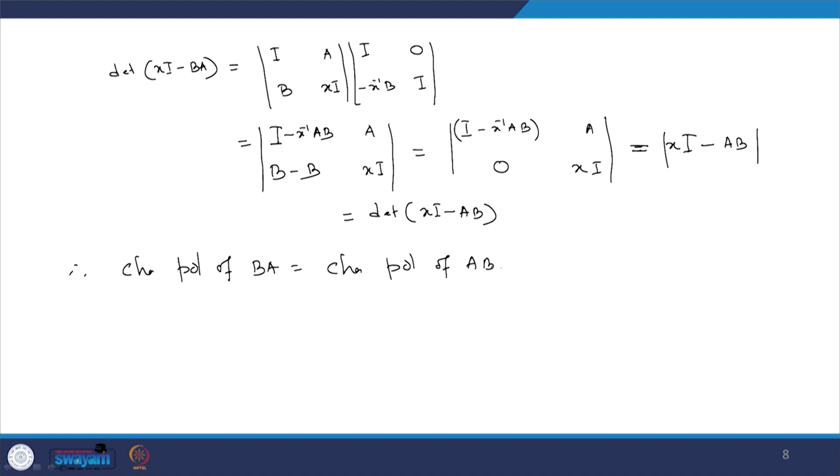So, I am getting both of them having the same characteristic polynomial. Using this simple algebra I can prove it.